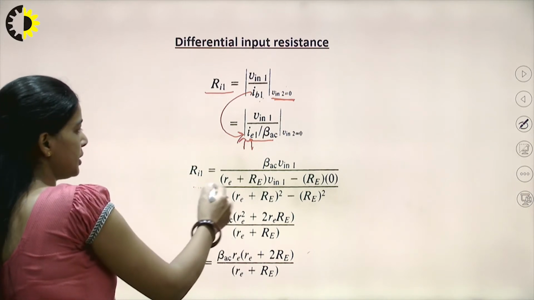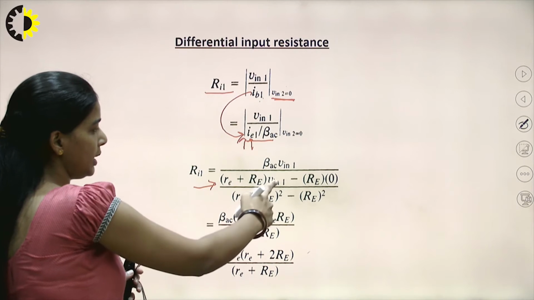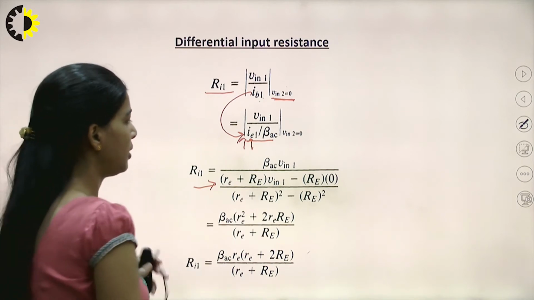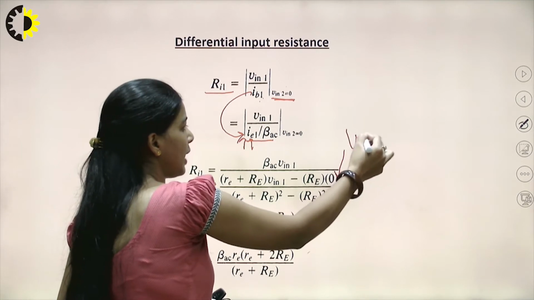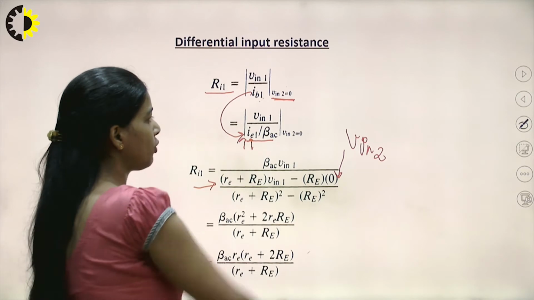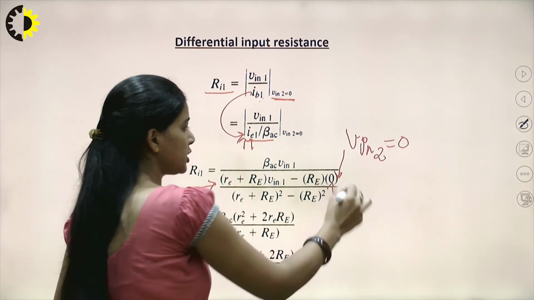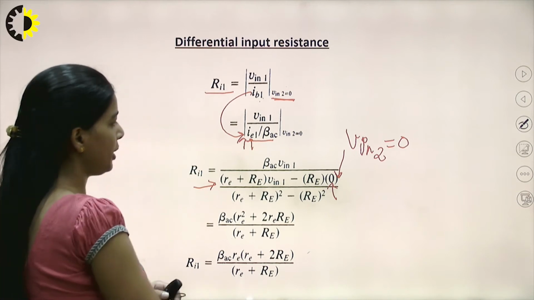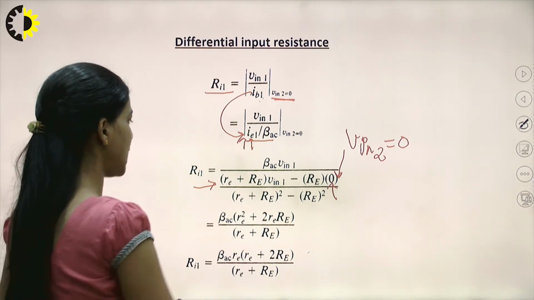That expression of IE1 is RE plus RE multiplied by V in 1 minus RE multiplied by V in 2. For this case, when we are calculating with V in 1, our V in 2 will be 0, so that 0 is placed here, and in the denominator we have RE plus RE whole square minus RE square.